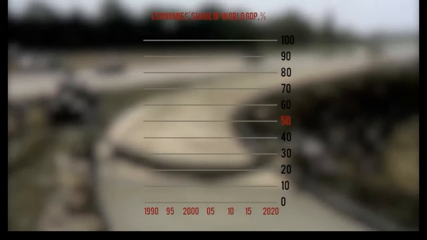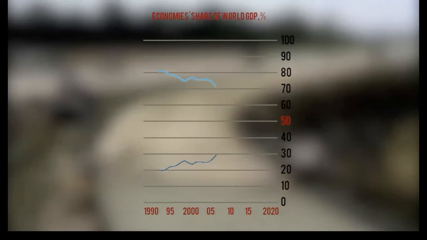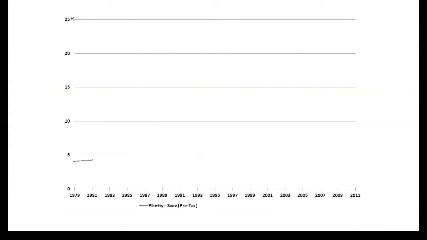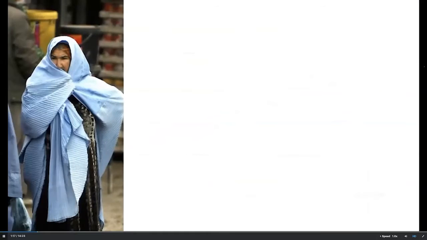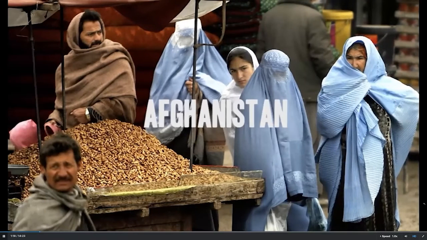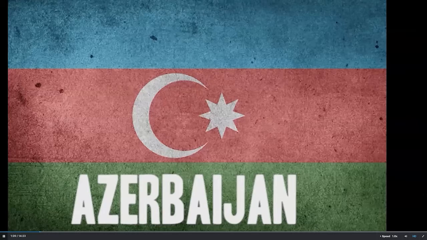This graph shows the share of world GDP between developed and emerging countries evening out over the last 15 years. But it should be noted that while many societies are getting richer, inequality within those societies is frequently on the rise, and the bottom billion countries, like Afghanistan, Angola, Azerbaijan, Benin, Bhutan, Bolivia, Burkina Faso, and Burundi, to name a few, are falling behind.